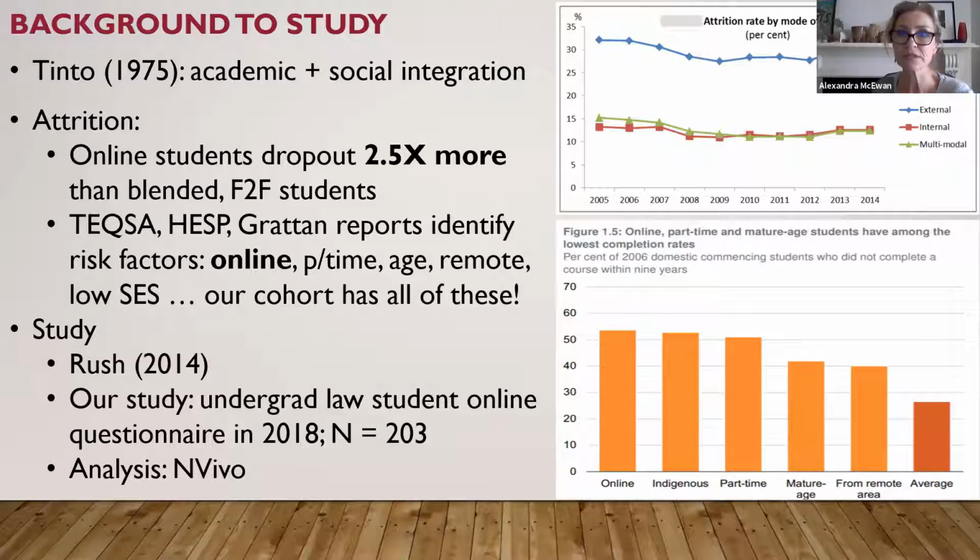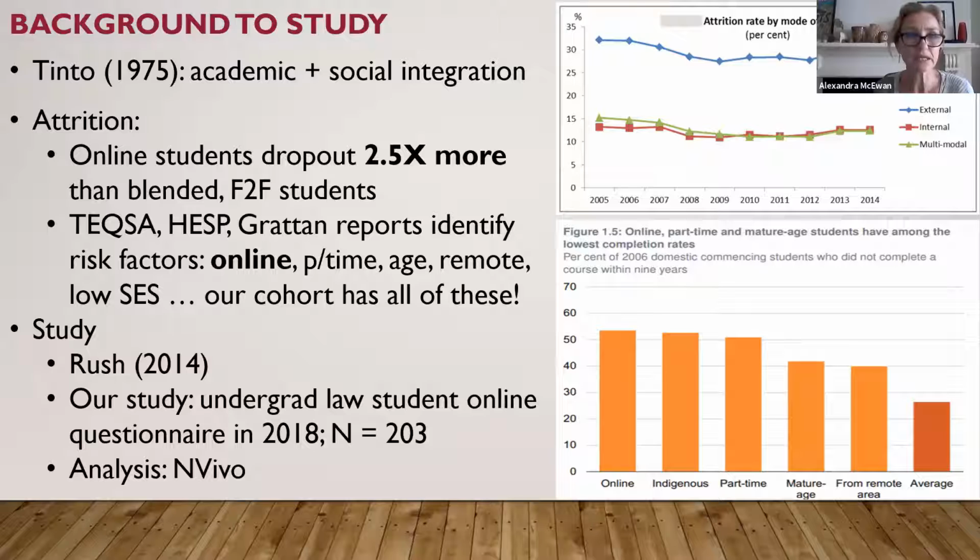And as you can see in the graph at the top of the PowerPoint presentation, when we compare online students to their face-to-face counterparts, online students drop out 2 times more than their face-to-face counterparts.